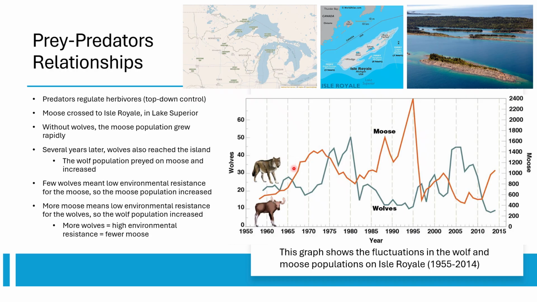The wolf population will increase, and in contrast, you will see the moose population going down. And then when the wolf population goes down, the moose population will increase. So those two organisms pretty much regulate each other.